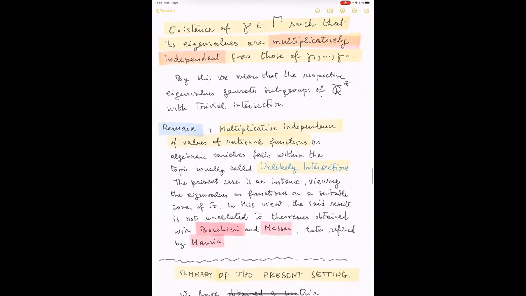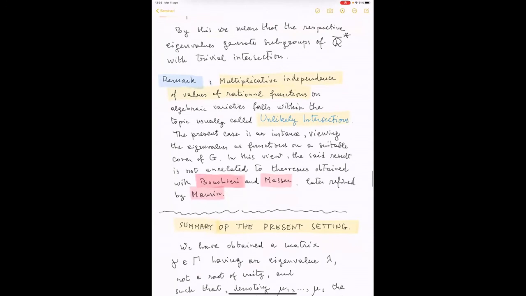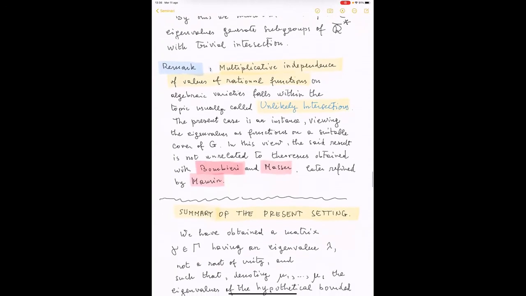Let me here make a pause to remark on the independence of values of rational functions. This is a part of the Prasad-Rapinchuk theory, but there is a link, and I want to remark this, with a completely different object of study, which sometimes is called unlikely intersections. And it concerns, for instance, torsion points on subvarieties of commutative algebraic groups and extended questions of the same shape.